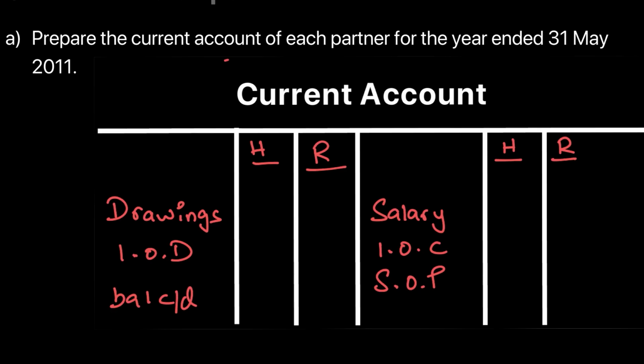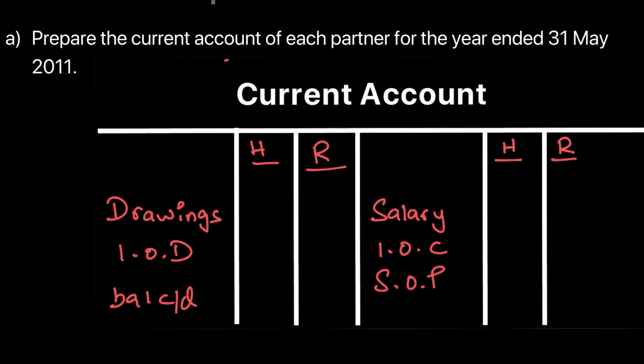If we know our salary, the interest on capital, and the drawings, the one thing that is missing from here is the profit for the year. We do not know the income statement profit for the year. That's your missing figure. Our job is to find that information. So we will just follow their way. We will first draw the current account and we'll see what we can find out from here.